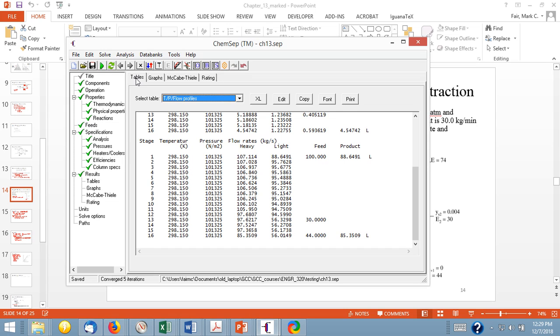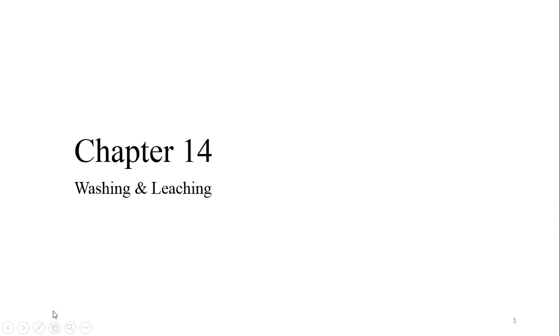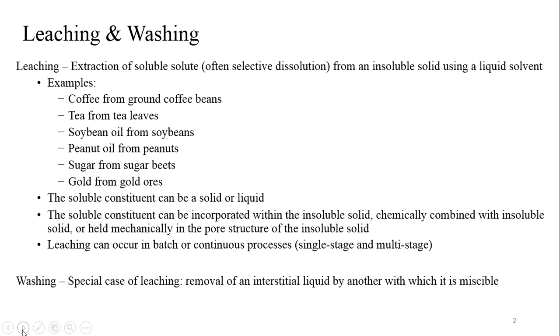All right, then let's go ahead and jump into the next chapter. The next chapter we're going to treat is washing and leaching. So we need to define these two operations. In general, let's talk about what leaching is.